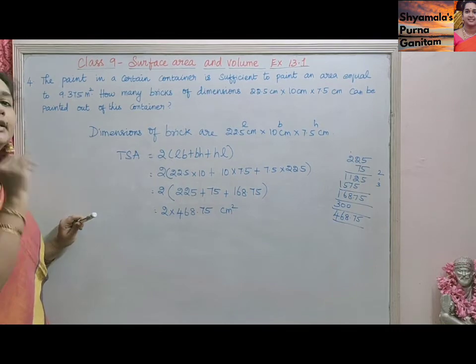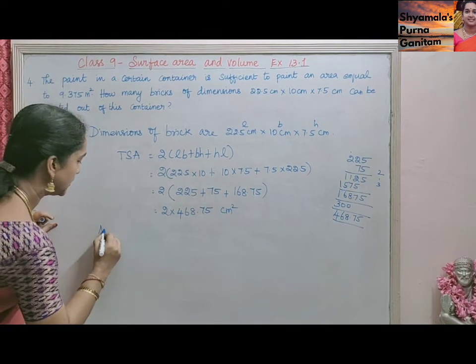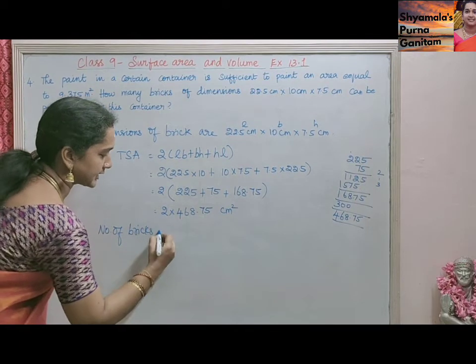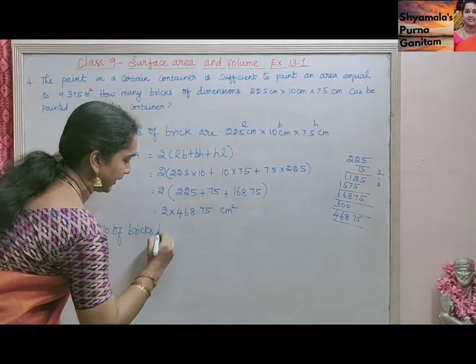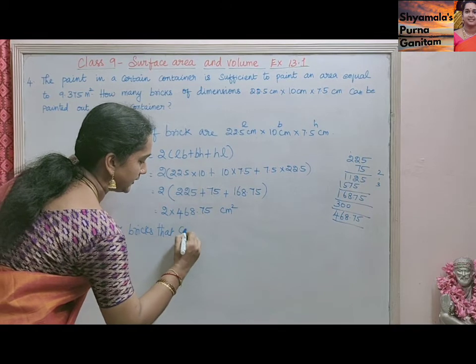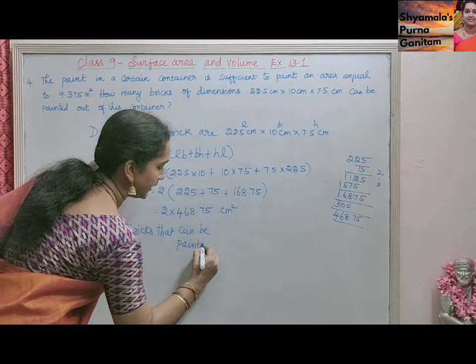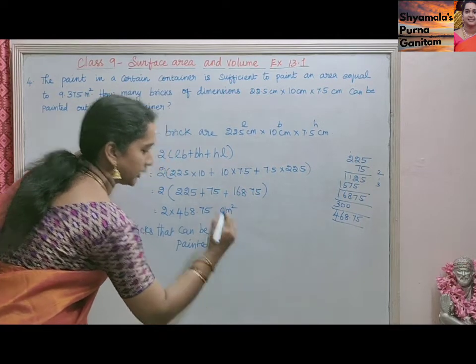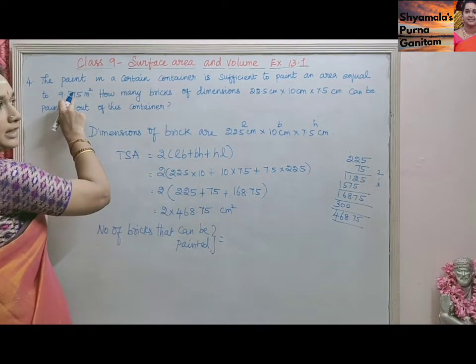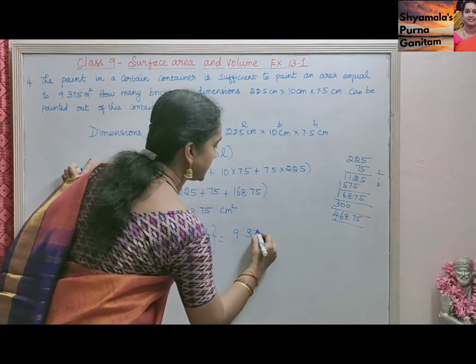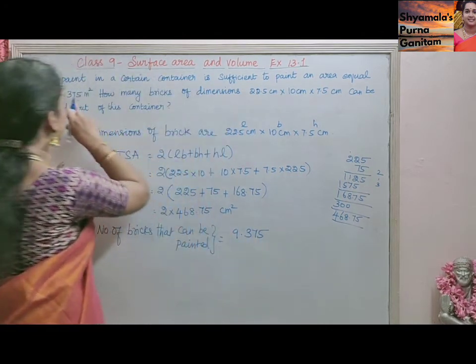So we will find the number of bricks. Number of bricks that can be painted is equal to the total given, 9.375.